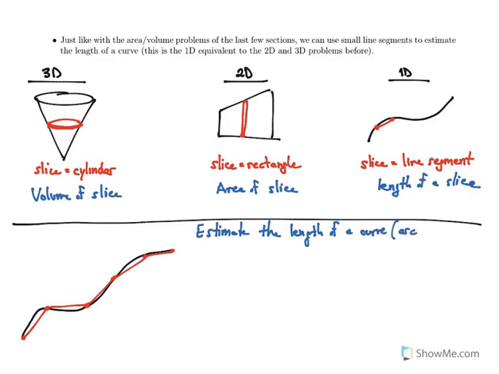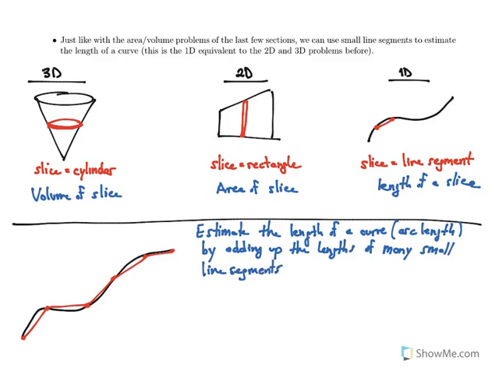This is what arc length is, by adding up the lengths of many small line segments. And if we have more and more line segments, the more line segments, the better the estimate, just as it was for the other problems that we've talked about in this chapter.